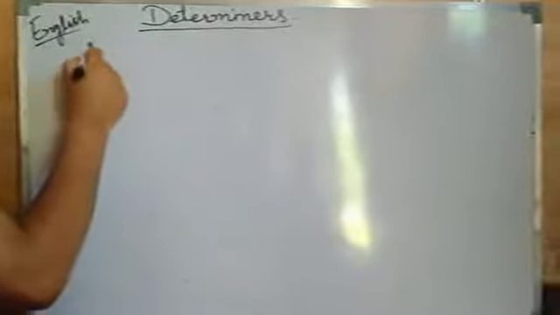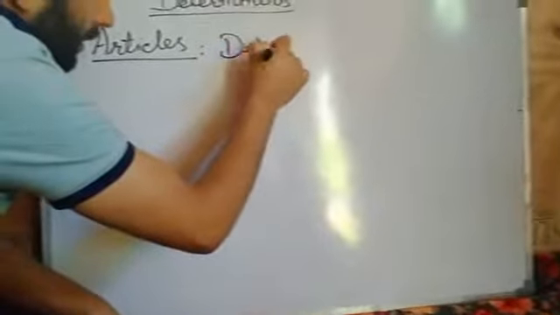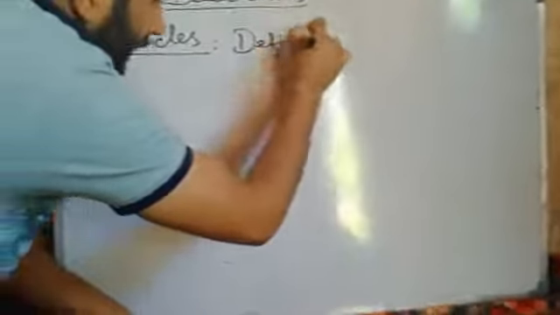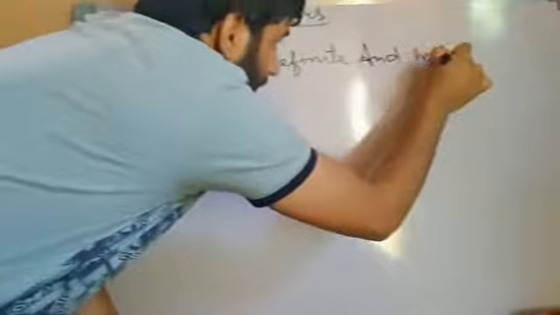First of all, let's learn what articles are. Articles are of two kinds: definite and indefinite articles.